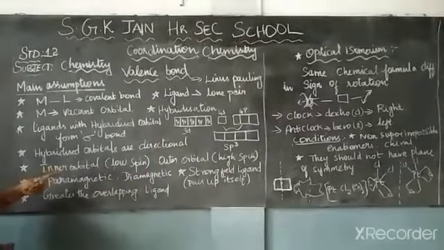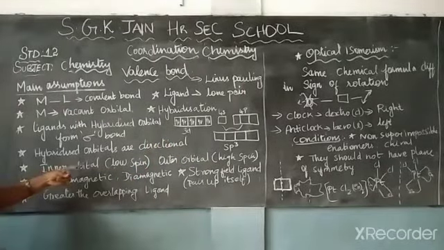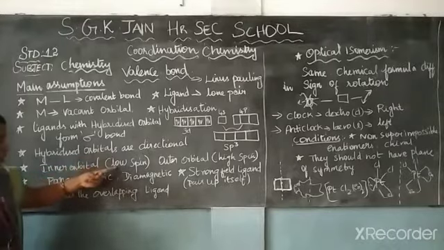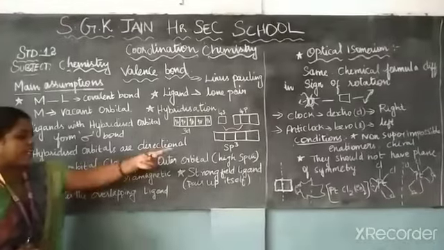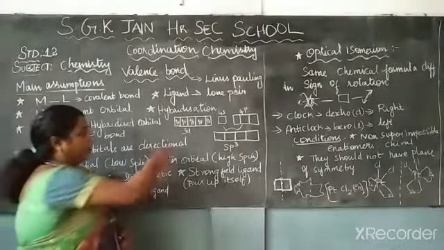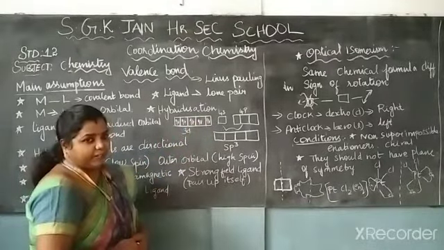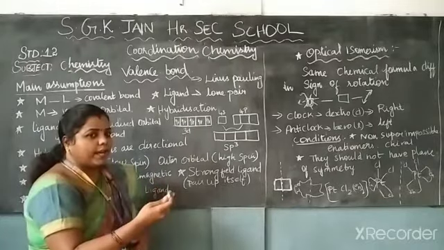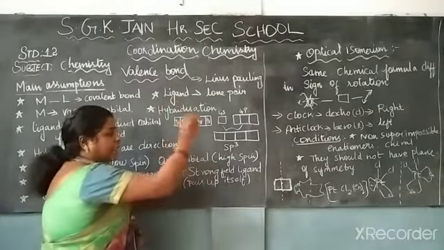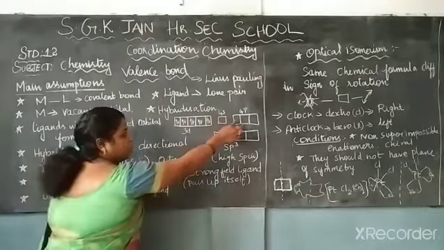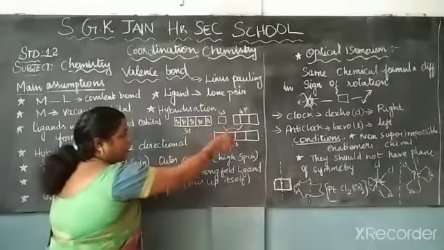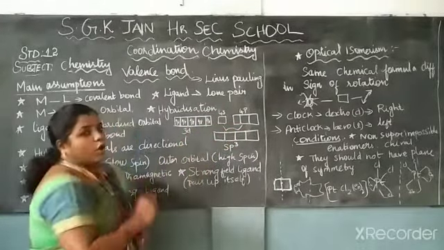And next one, it will be divided into 2 things. Inner orbital, that means it provides low spin. Outer orbital, high spin. Inner and outer orbital. For example, if you see, these d orbitals are completely filled. So if ligands are providing the electrons, they will be accepted by other than the d orbital, so it will be the outer orbital.